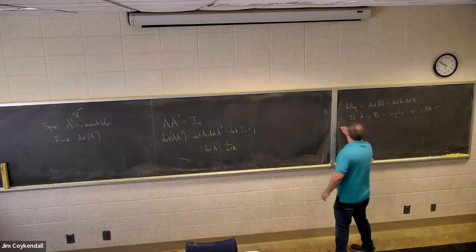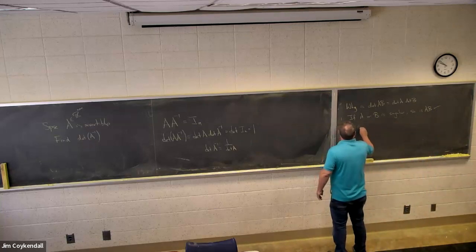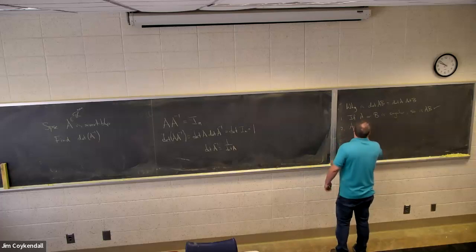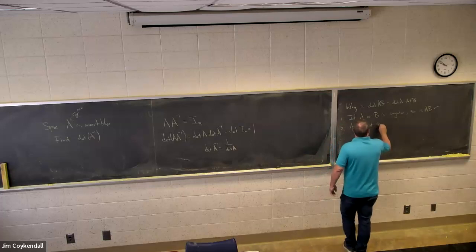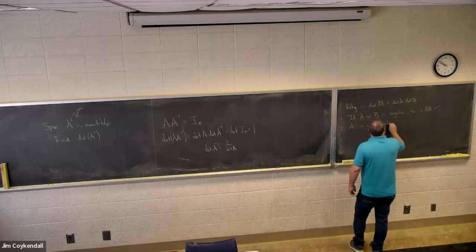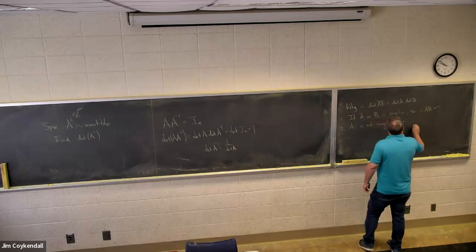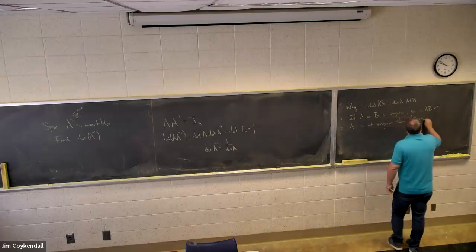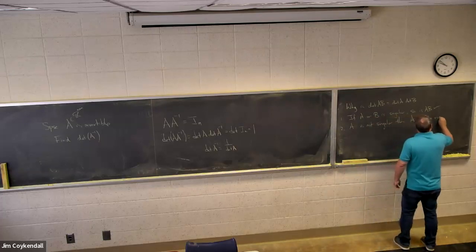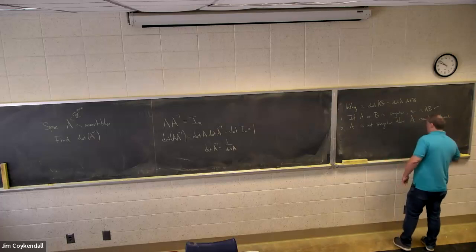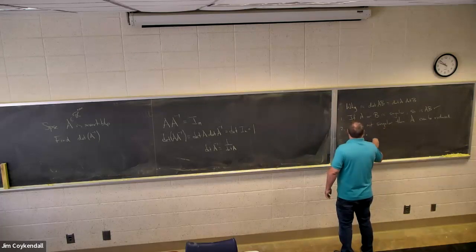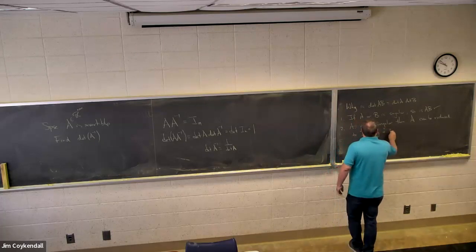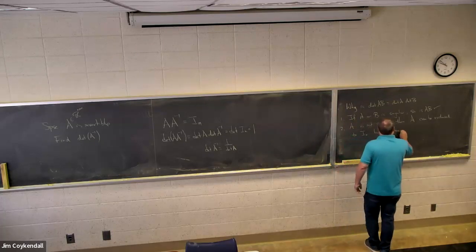If not, if A is not singular, then A can be reduced to the identity matrix by a sequence of row operations.